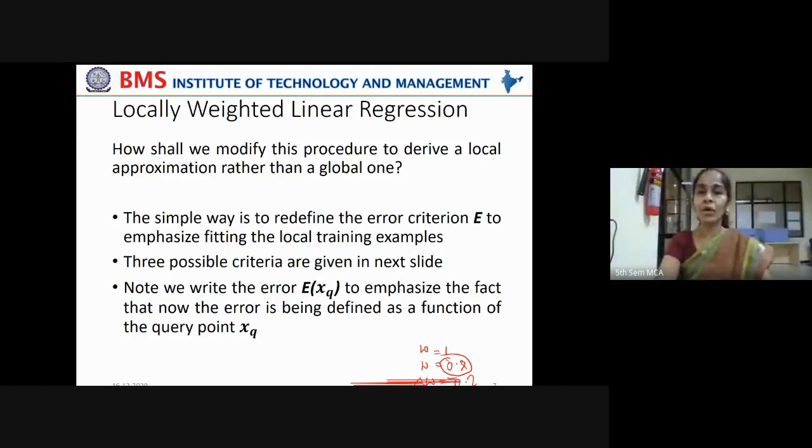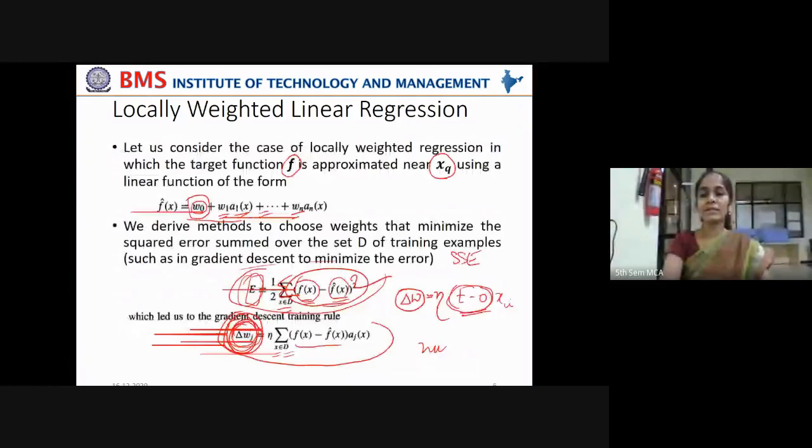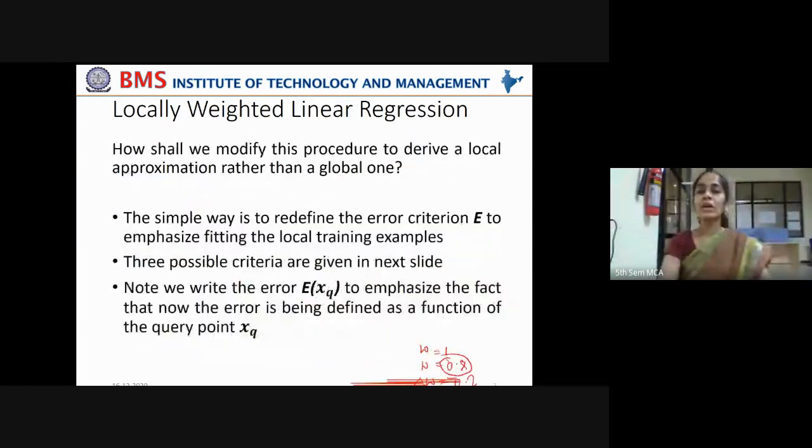Now, how shall we modify this procedure to derive a local approximation rather than a global one? In this case, this is actually a global approach, meaning it is considering all the training examples' prediction errors. But how to transform that into a local approximation?